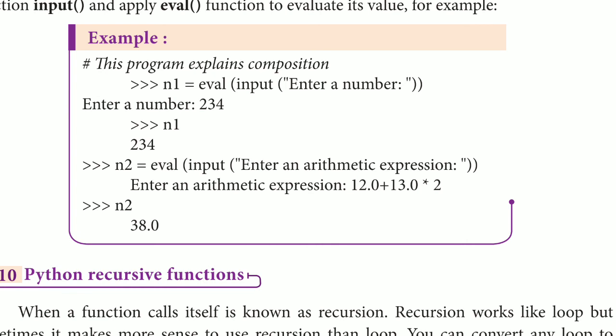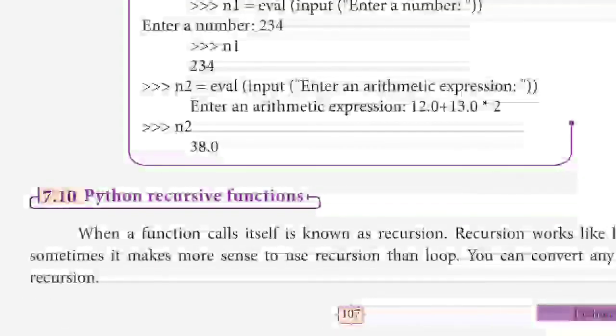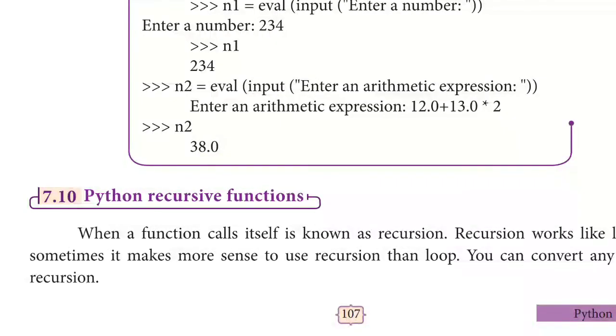The user is entering some expression, 12.0 + 13.0 to the power 2. So n2 is 38.0. You can see that you can provide some value as well as some expression in it. This is known as a composite function. You can see that eval is the function that is used to create a composite function.